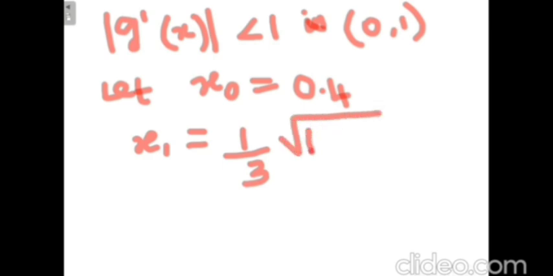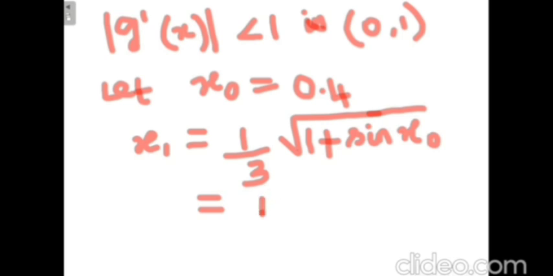Now we are going to substitute that x naught value in our equation. I'm going to find a successive approximation. First, I'm going to find the value of x1. x1 is nothing but 1 by 3 root of 1 plus sine x naught. In the place of x naught, I substitute 0.4.